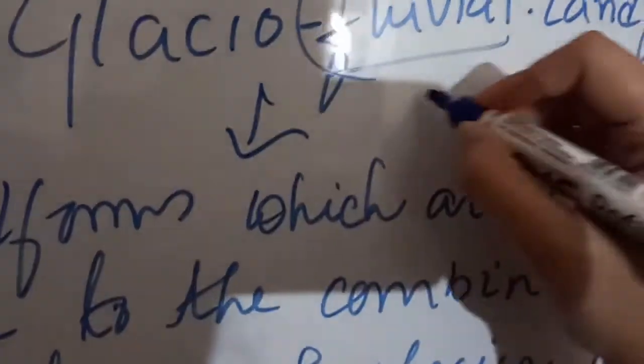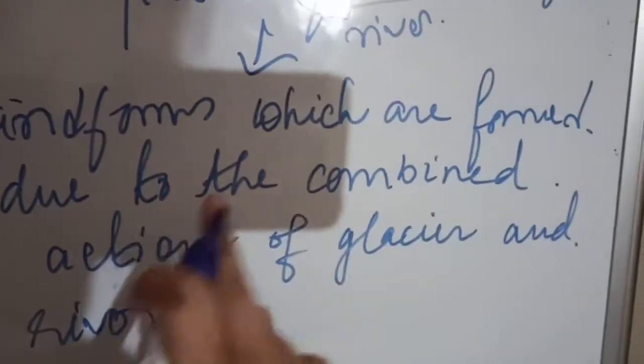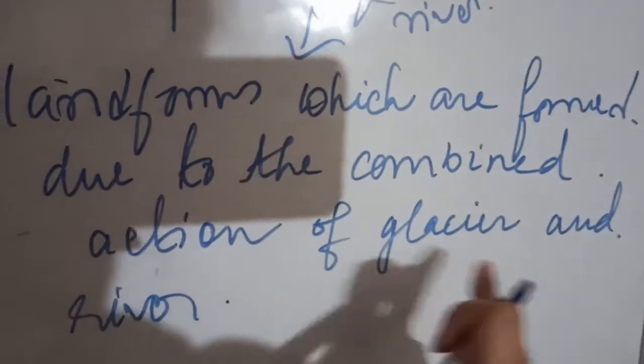Okay, fluvial is another term for river. Clear? So what are these glacial fluvial landforms? They are the landforms which are formed due to the combined actions of glacier and river.